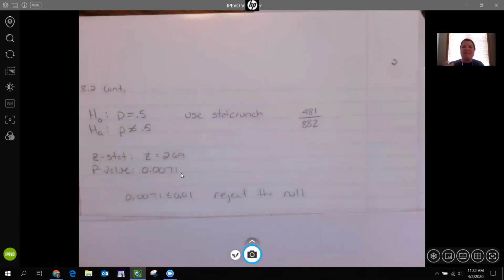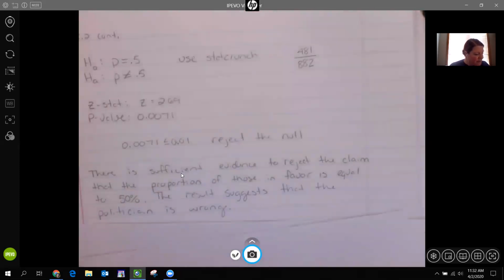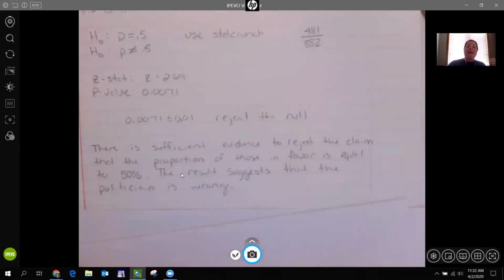We have enough evidence to reject this null, that it's not equal to 50%. So we would say that statistically, there is significant evidence to reject the claim that the proportion of those in favor is equal to 50%. This result really suggests the politician is wrong.